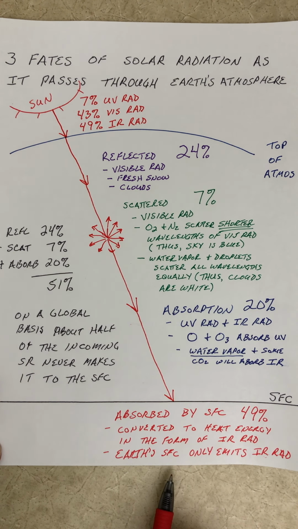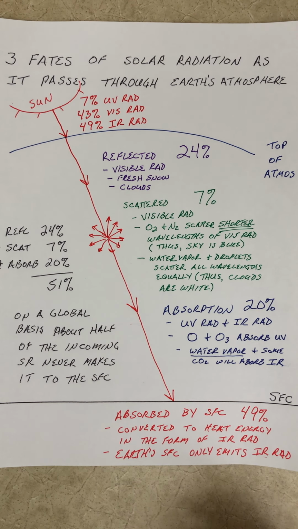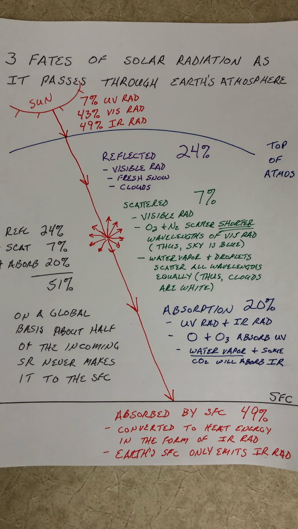But based on the temperature of the Earth's surface, it only emits infrared radiation. So whenever you're out in the woods, away from city lights, and there's no moon, maybe it's a new moon, it is completely dark out there. Why is it completely dark? Because the Earth only emits infrared radiation. It does not emit visible radiation.